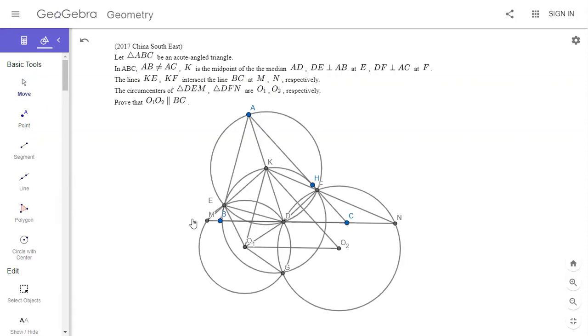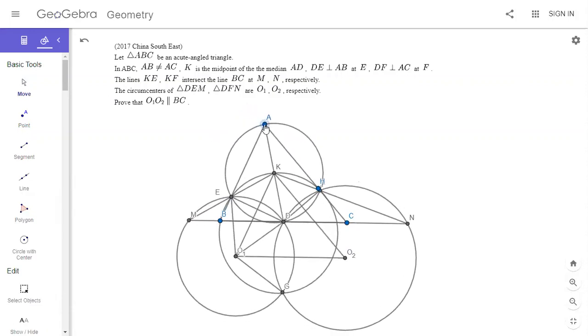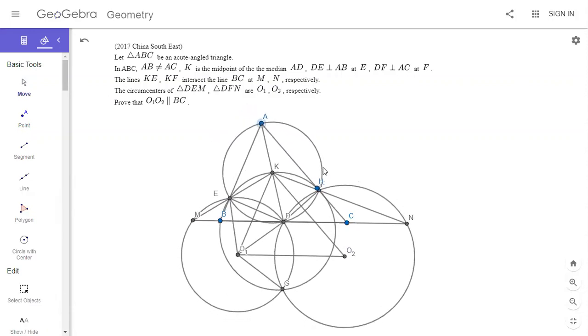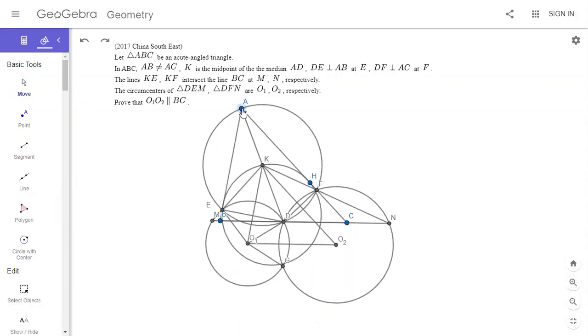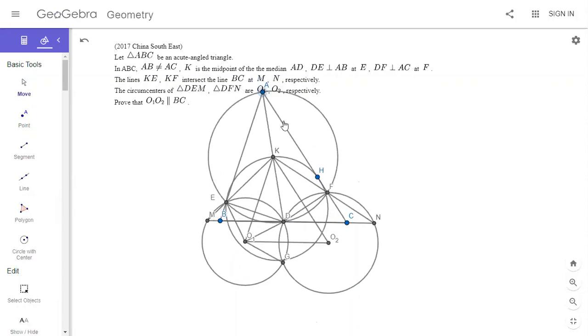So where have we used that DB is equal to DC? I don't know if we've used that yet, but yeah, we have to use that fact somehow, I think. Whoops. What is H? I don't even know what point H is. Wait, now KEGF doesn't even look cyclic.